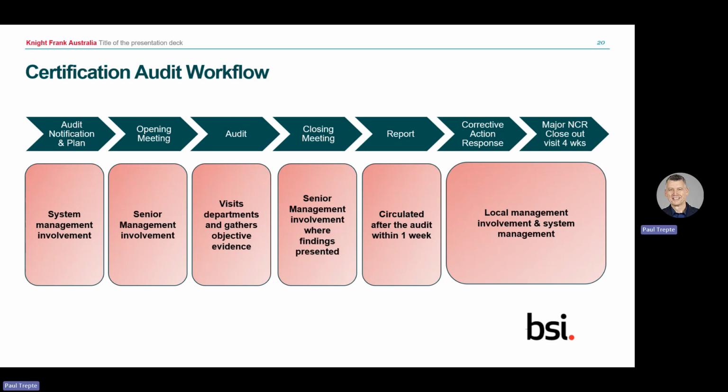The actual audit process, they'll undertake an opening meeting with senior management involved for that audit area. They will then go out and perform the audit, so they'll visit departments, sites, and gather objective evidence, as we've previously mentioned. And then they will hold a closing meeting with senior management where they present their findings.